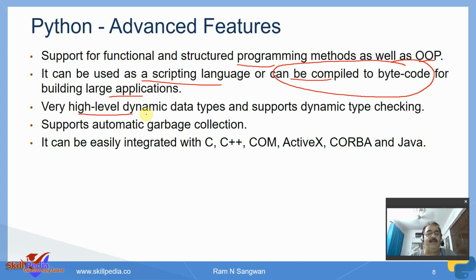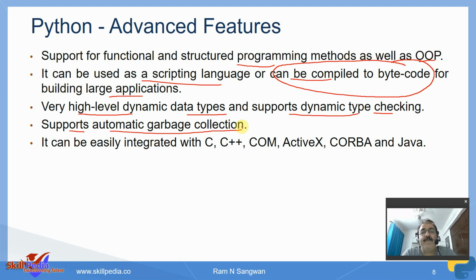Very high level dynamic data types and support for dynamic type checking. It supports automatic garbage collection. What is garbage? Garbage, in the programming context, is the memory areas which are used but you never cleaned up. Means memory areas created, variables declared, but memory areas not cleaned up.